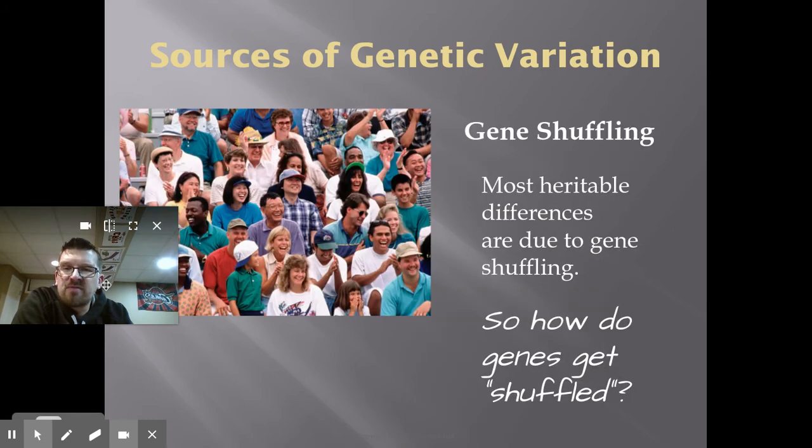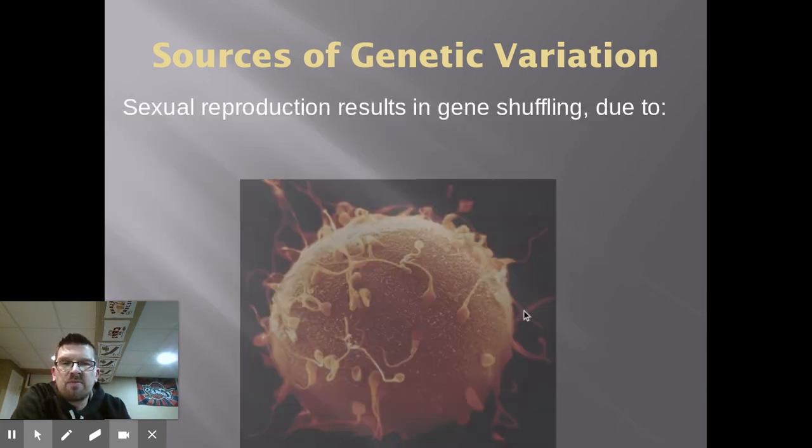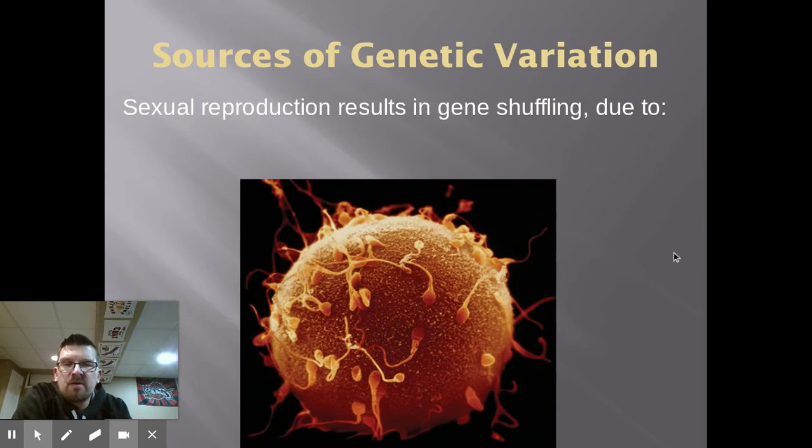We also have this concept of gene shuffling. Now, this is a bit trickier because we haven't talked a lot about meiosis, but you did talk about it in middle school, right? So how do genes get shuffled? Well, there's a couple different ways. Sexual reproduction is a short way of talking about this, because the process of sexual reproduction, as opposed to asexual reproduction, is where we see the rise of these gene shuffling methods.